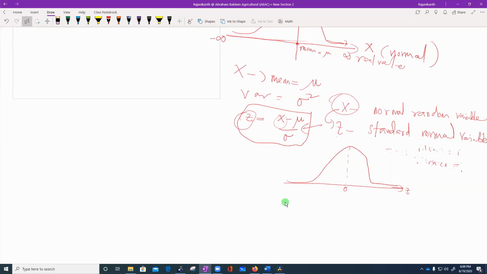If you see any normal random variable with the mean 0 and the variance 1, we name that normal random variable as standard normal z. In summary, keep in mind, standard normal z variable has always mean 0 and variance 1.